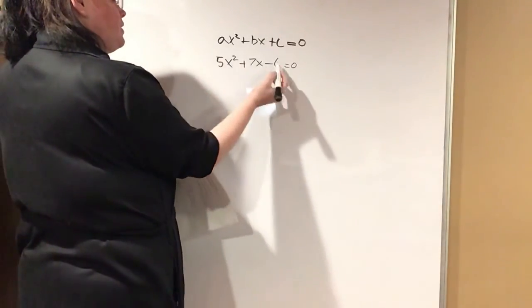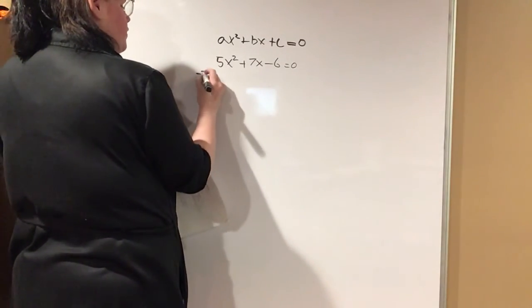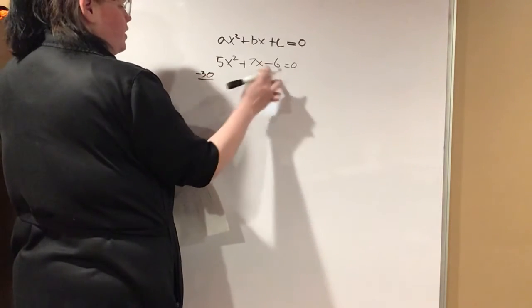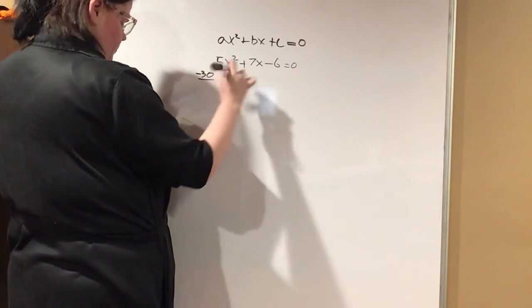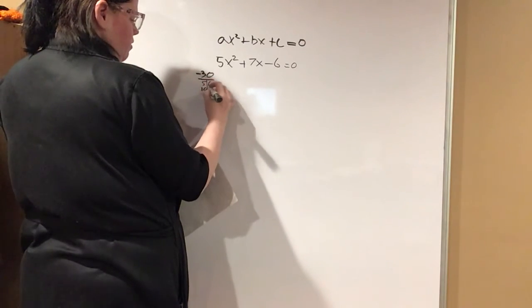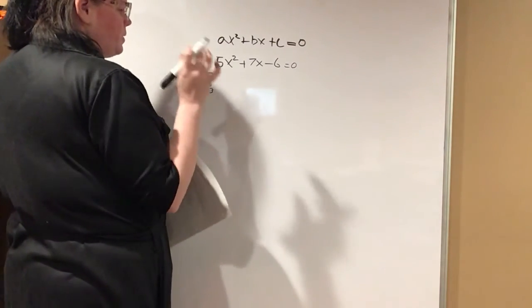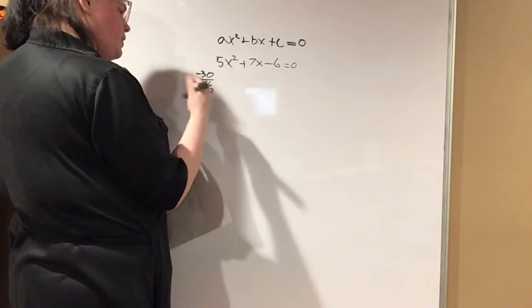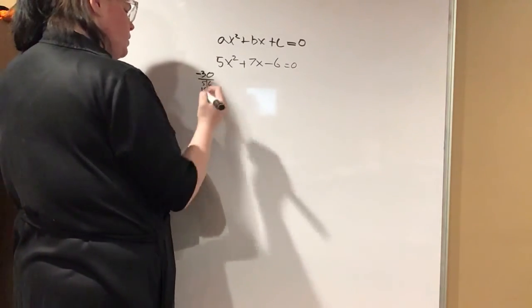So 5 times negative 6 is negative 30. And we need factors that add up to 7. So 30, we've got 5 and 6 and 10 and 3. But it has to be a negative 3 and a positive 10. So I know my 3 has to be the negative.